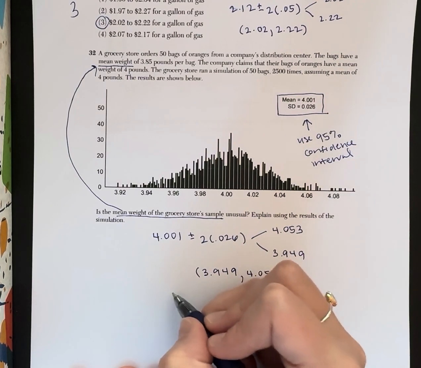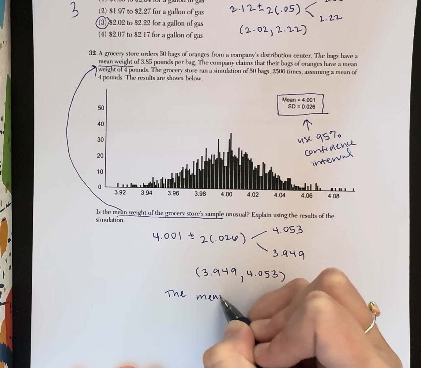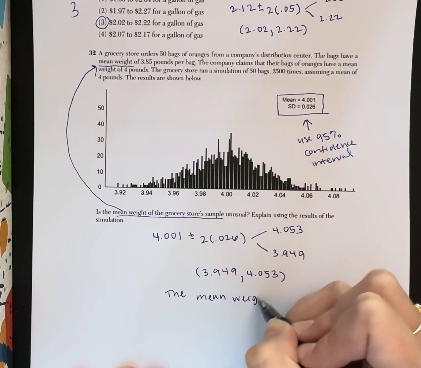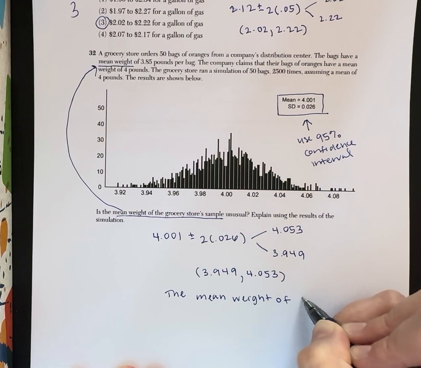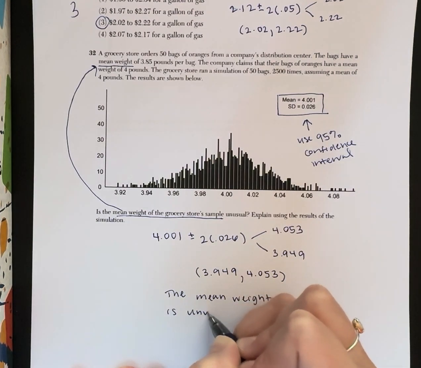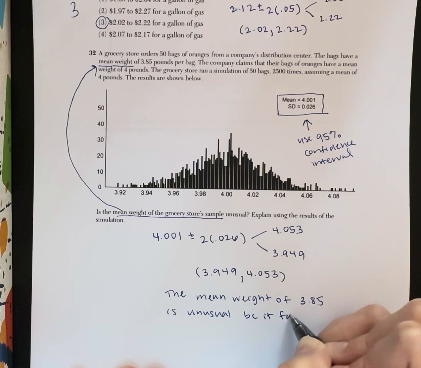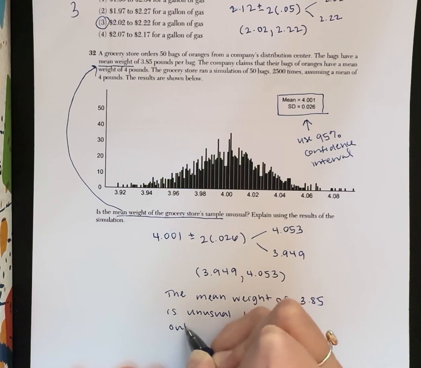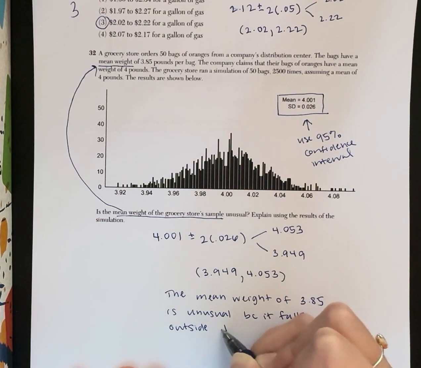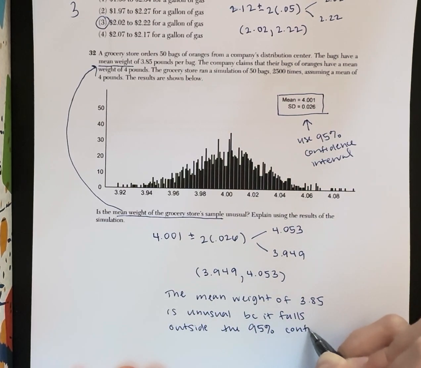So it is unusual. The mean weight of 3.85 is unusual because it falls outside the 95% confidence interval.